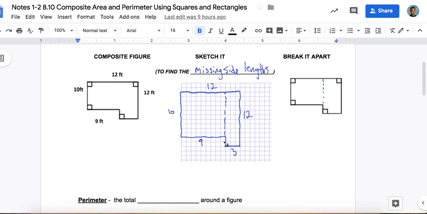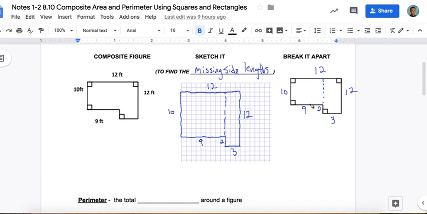And we know that this right here, of course, is 2. So now we can look over here and we can draw our missing parts here. We know that this is 10, 12, 12, 9, 3, and 2.